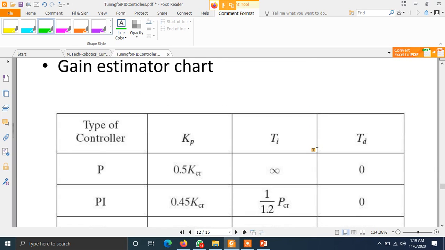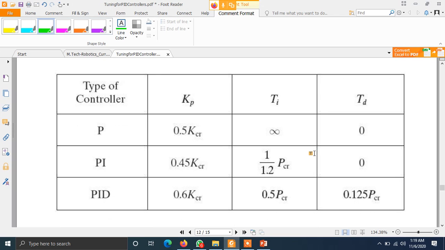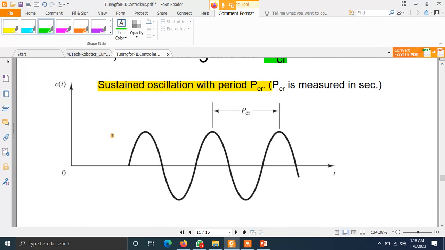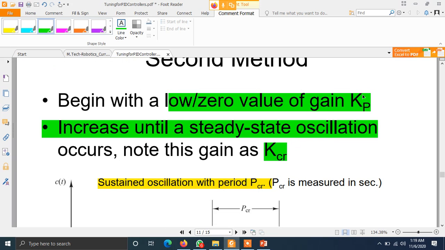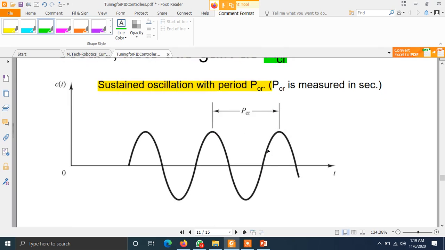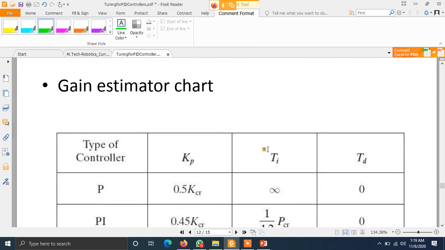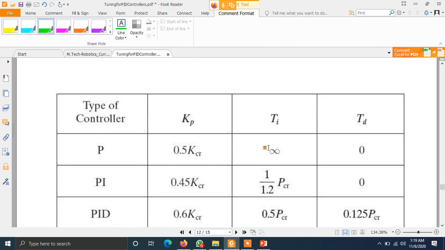In this you have to estimate the gains in such a way that you know what Kcr is. Kcr is the value of Kp at which I got sustained oscillations, and Pcr is basically the time period.